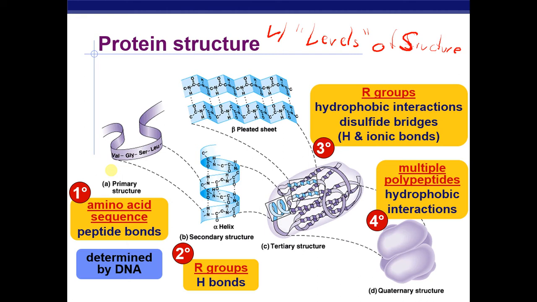So the covalent bonds between the amino acids and the order they're bound in is the primary structure. That information is ultimately determined by DNA, as we will see a little later. The secondary structure.